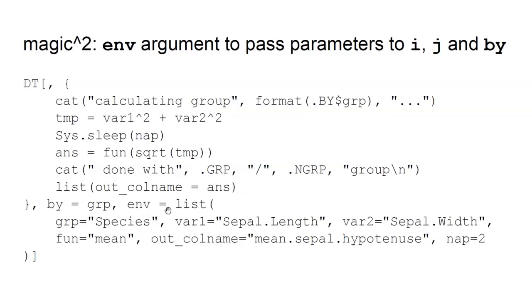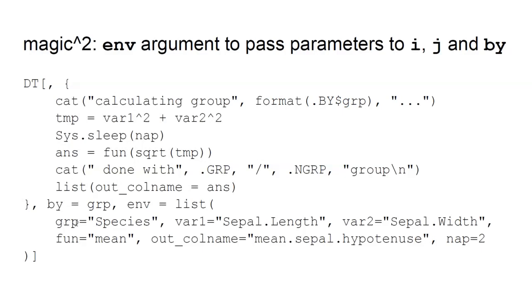So for this purpose, there is a new env argument in data.table that basically takes a list, and when we provide a character scalar to some variable, then those variables are basically substituted.